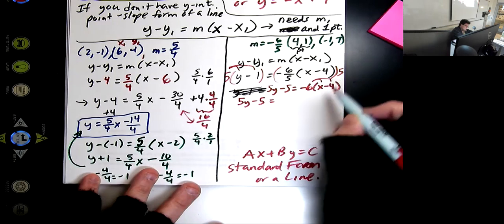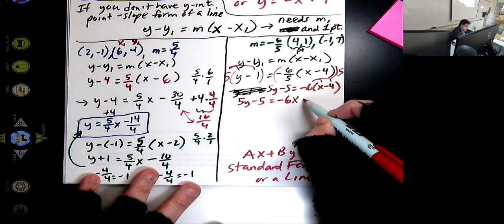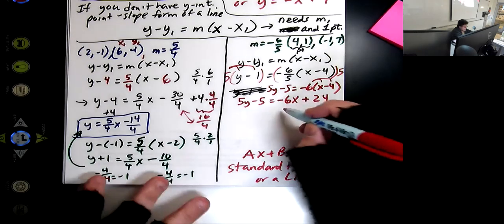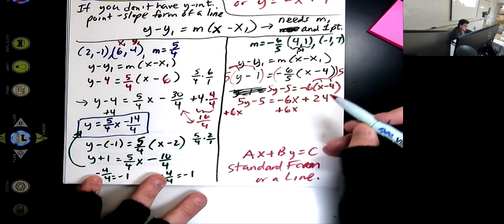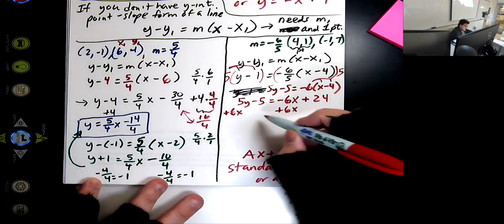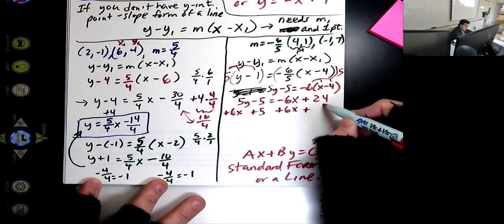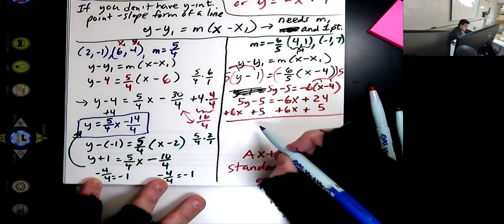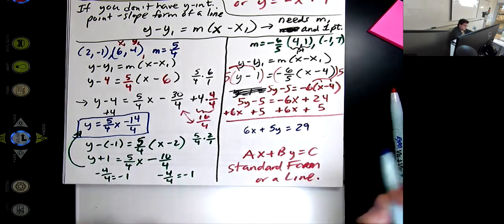And I make the -6 multiplied by both of them, I get -6 times x. And -6 times -4 is plus 24. I need to move my x's over to the left, so I'll add 6x to both sides. And I'm going to move all my constant values to the right, so I'm going to add the opposite of that -5, I'm going to add 5 to both sides. And if I do this, I get 6x plus 5y equals 29.